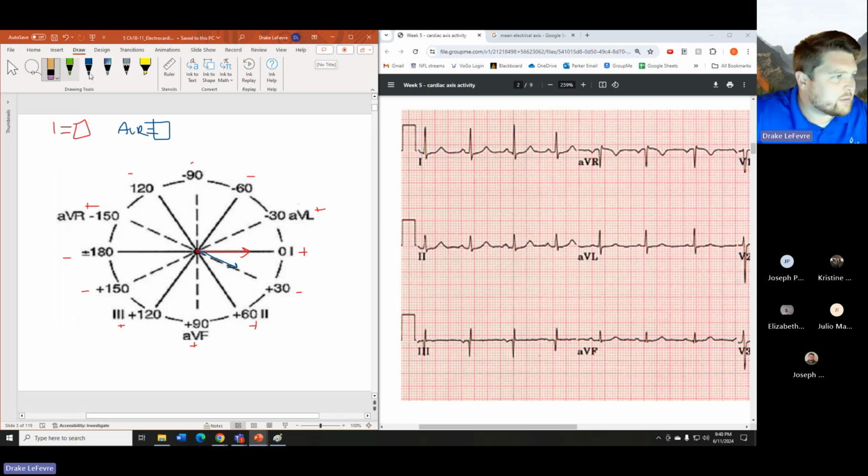Okay. Next, we keep looking. Lead 2, overall, it's positive, but a little small, right? So lead 2 is still positive, so it's going to be this direction, but a little smaller.